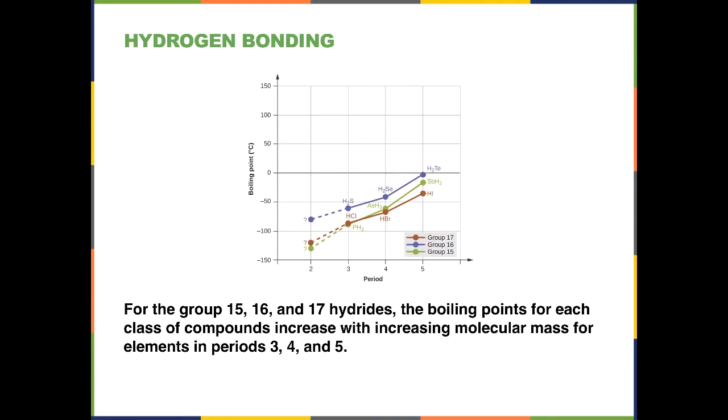Now, if you were to look at groups 15, 16, and 17 on the periodic table, so these are the various hydrides of those groups, you notice that the ones that are not representative of hydrogen bonding have very low boiling points and follow the rule regarding comparative size in terms of showing their various boiling points and their strength of bonding.